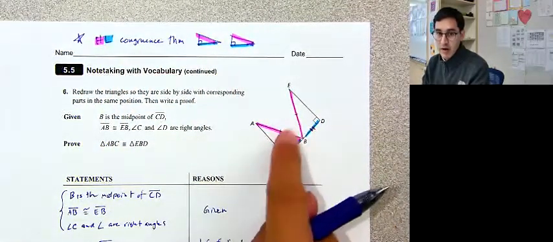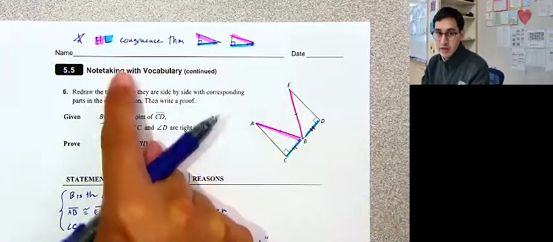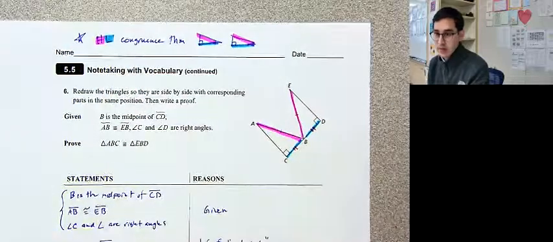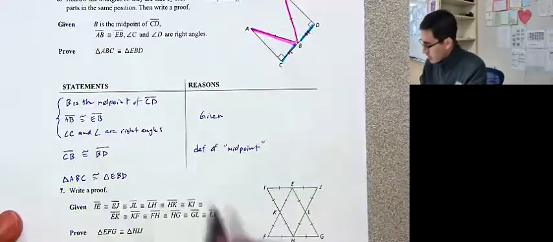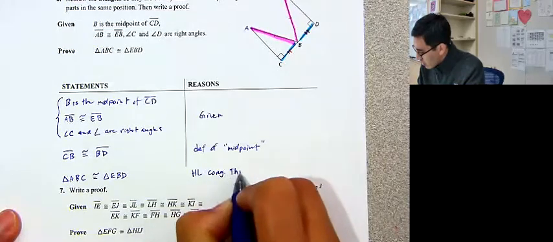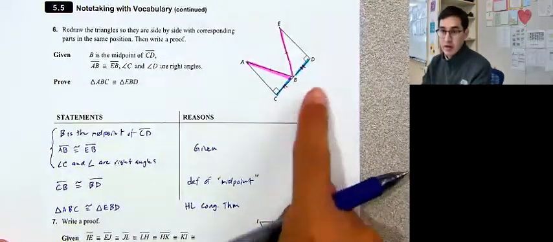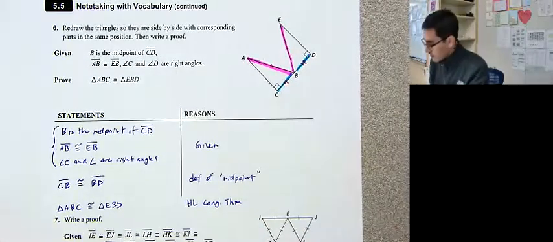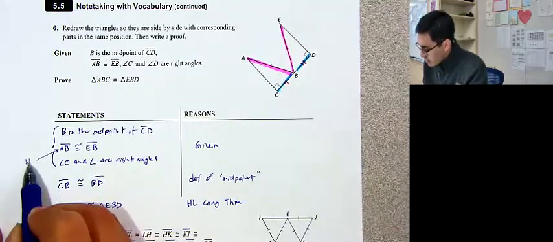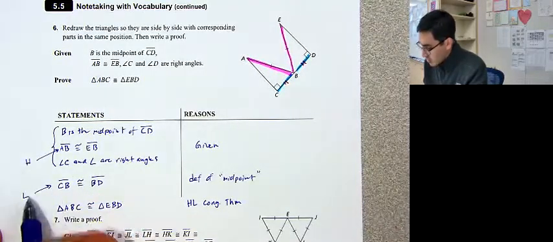We have a pair of congruent hypotenuses, so that checks out, and we have a pair of congruent legs, so that checks out. And that's all we need to show. So by the hypotenuse leg congruence theorem, our two triangles are indeed congruent. So this statement here was about the hypotenuse, and that statement there was about the leg.